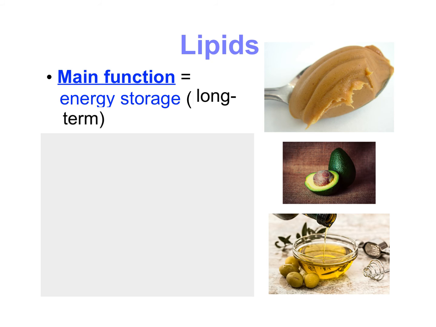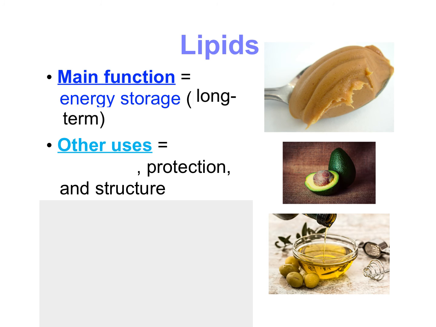So if we're trying to find a breakfast that would give you energy now, but would also help you last throughout the day, a really great option would be toast. And on your toast, you could include peanut butter for your long-term energy storage, or you could have avocado toast for a source of long-term energy storage.